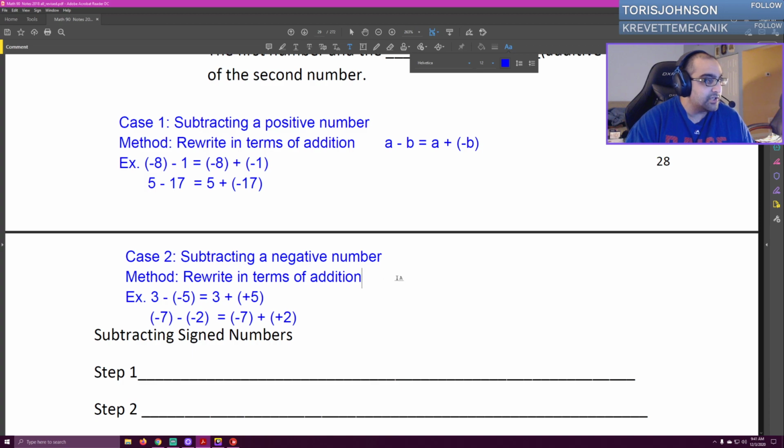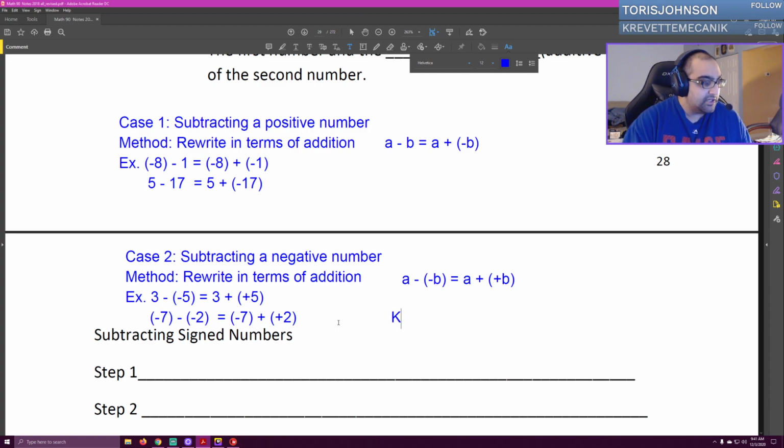So in this particular case, if we have some number a minus a negative b, that equals a plus positive b. Two wrongs essentially make a right.